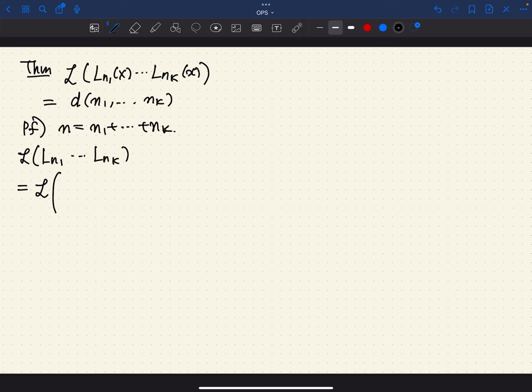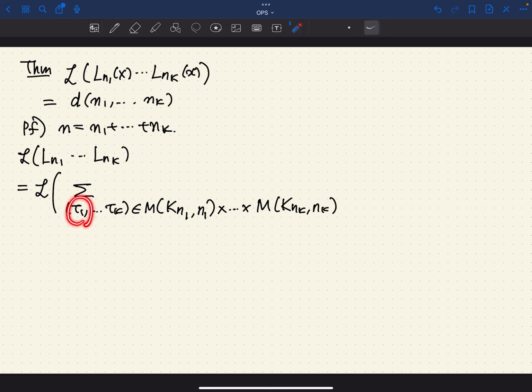So in other words, you find tau 1 through tau k, matchings on the blocks of sizes n1, dot dot dot, nk.